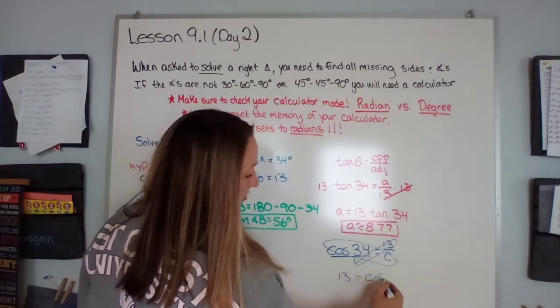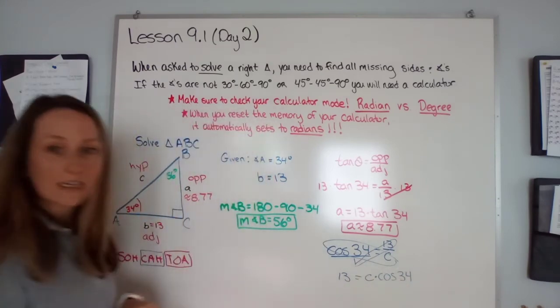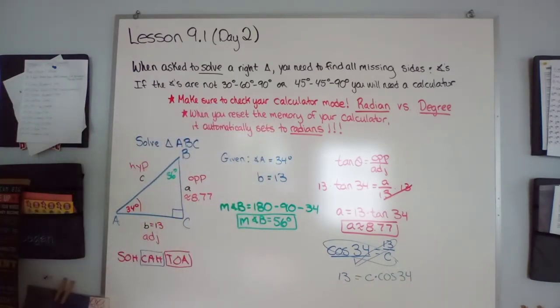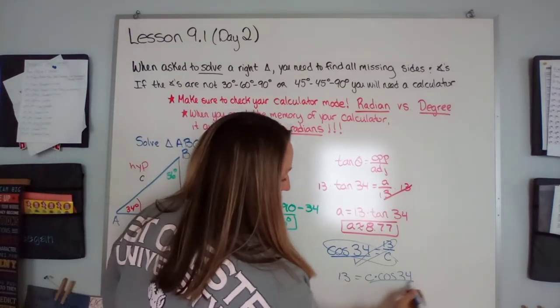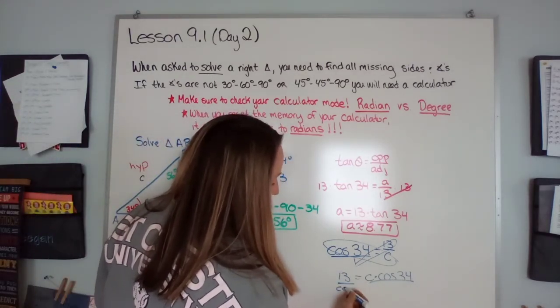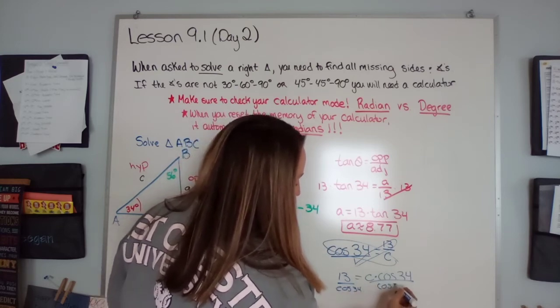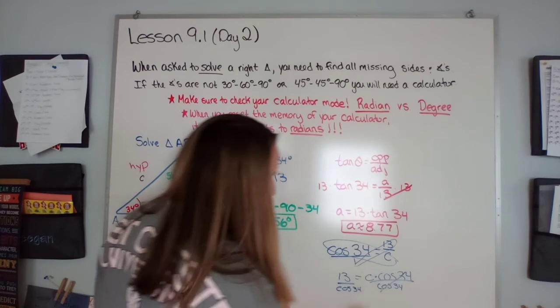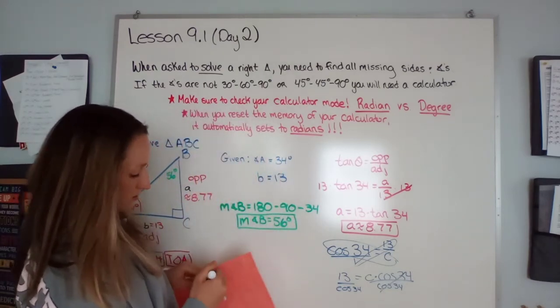Still not done. I have to get C completely by itself. So I'm going to divide both sides by cosine 34. All right, so C is going to equal 13 divided by cosine 34.